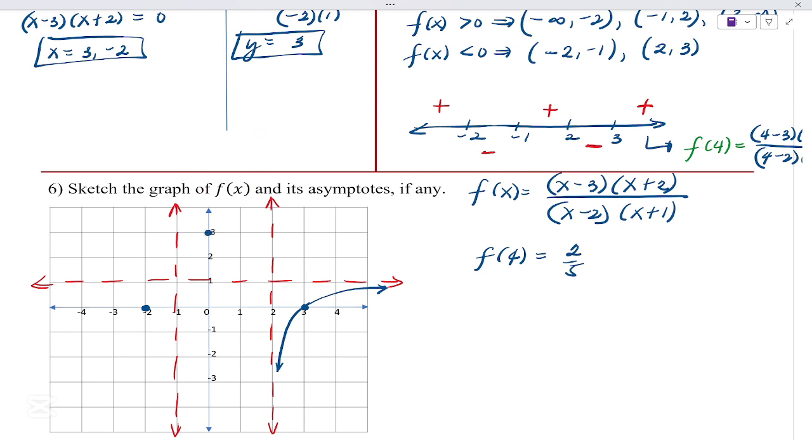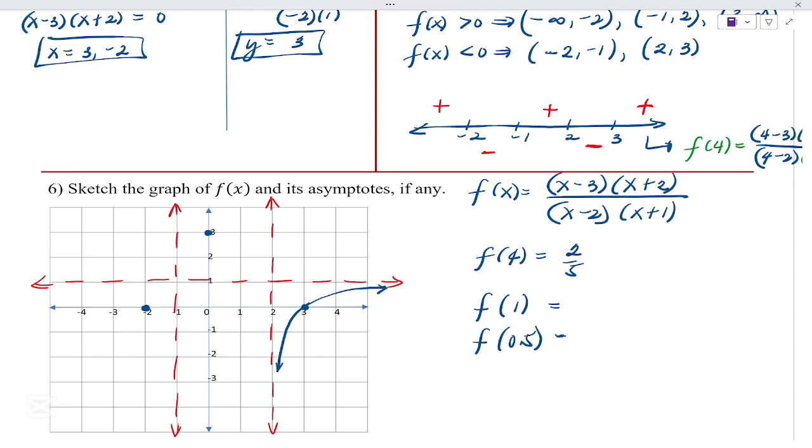Okay, so to make sure, if you want, you can check the y value when x is 1 and when x is 0.5. So you can check f of 1 or f of 0.5.